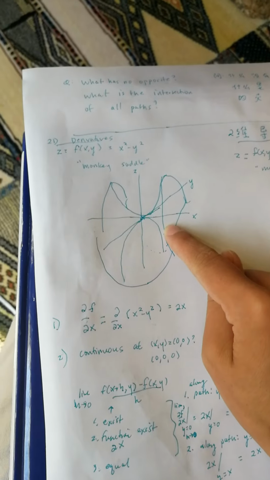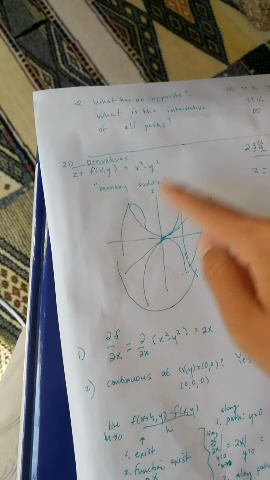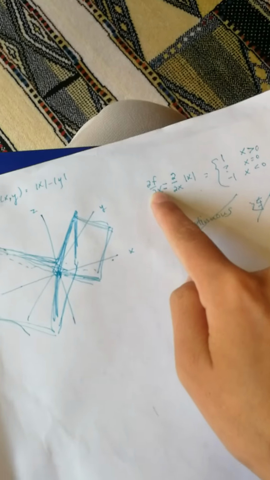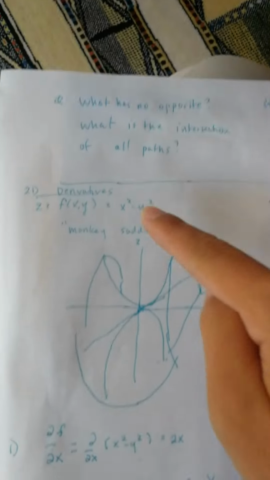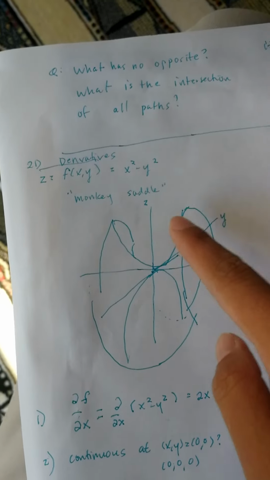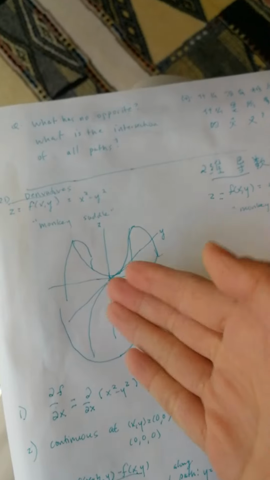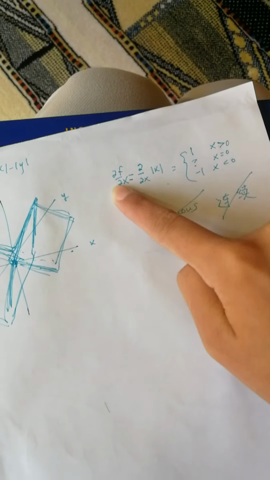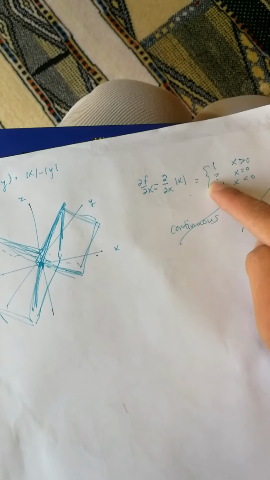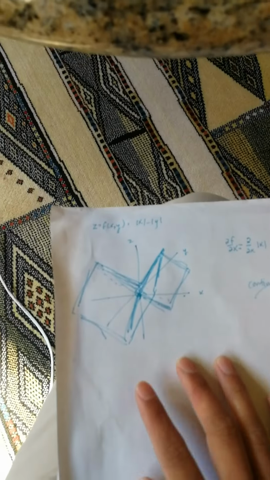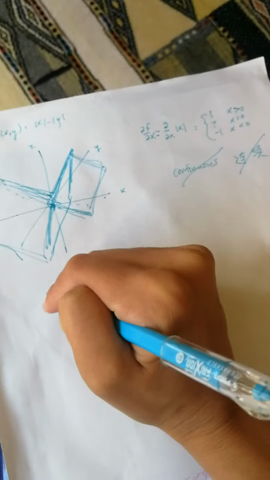Because as we have seen, at least for derivatives, depending on what path you're going along, you might not have a continuous value of a derivative.